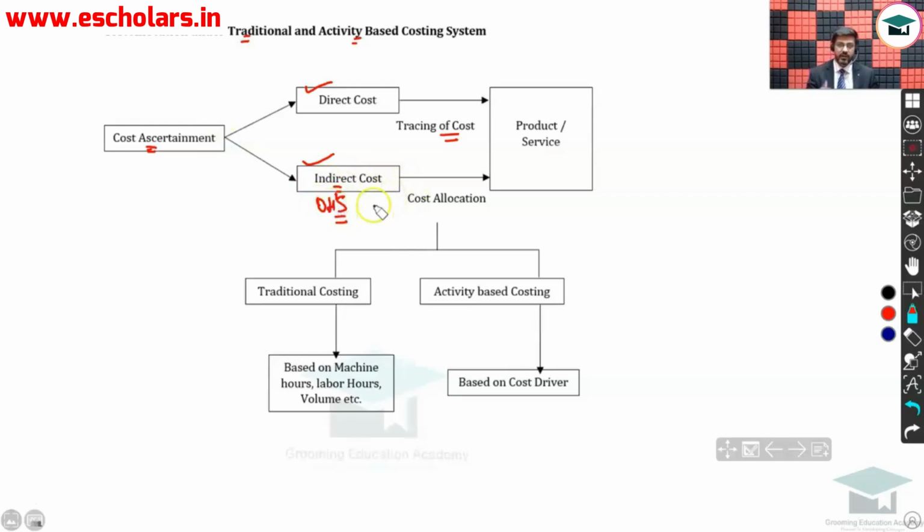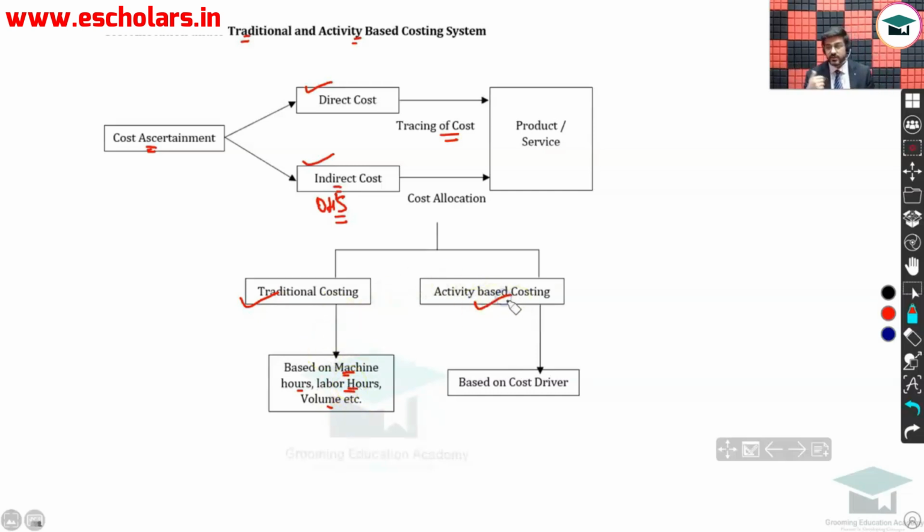Now how do we allocate the indirect cost over our product or service? In the traditional costing system, we used to do that with the help of machine hours, labor hours, volume, etc. And obviously before this, you have to do the allocation, apportionment and reapportionment.